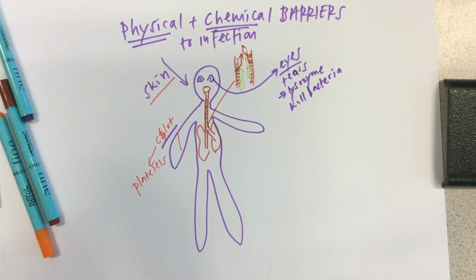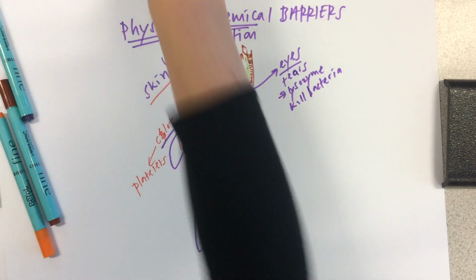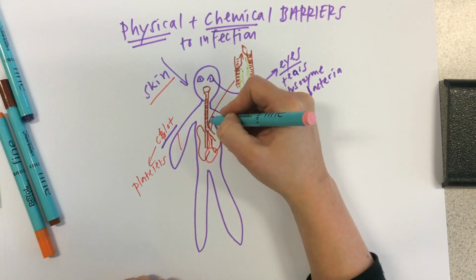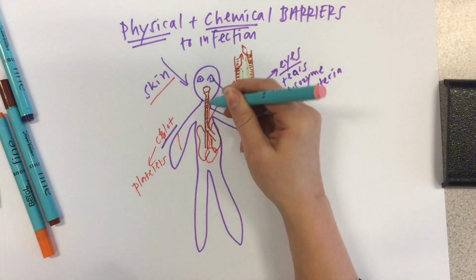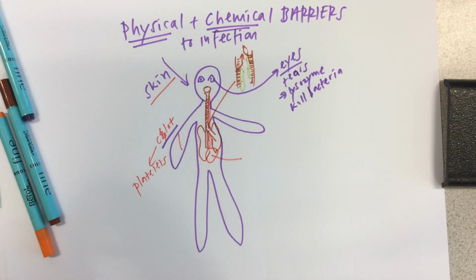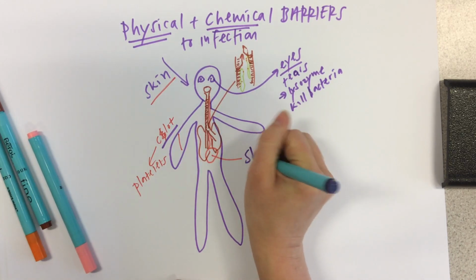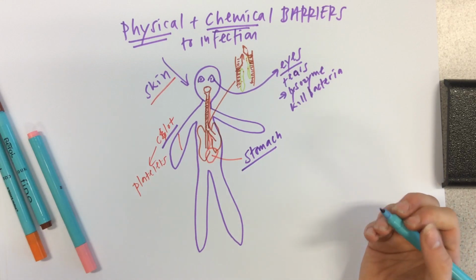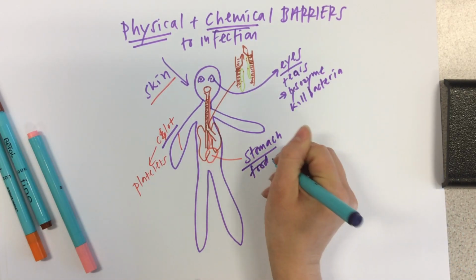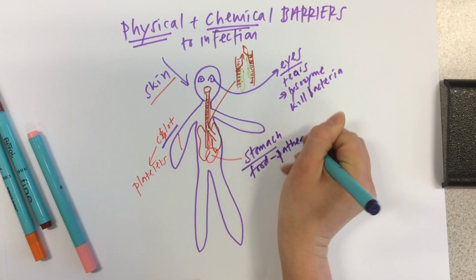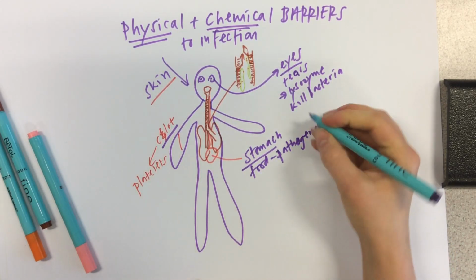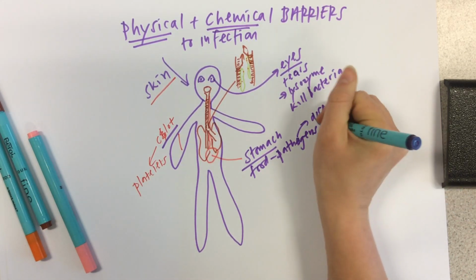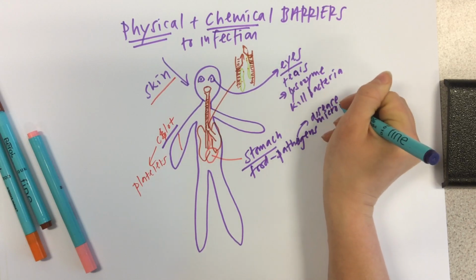And you also have, this is not very anatomically correct, but also in here that is connected to your esophagus that kind of runs parallel to the windpipe, you've got your stomach. Now, your stomach is a really important chemical defense, because if you eat any food that contains pathogens, and remember, pathogens are disease-causing microorganisms.